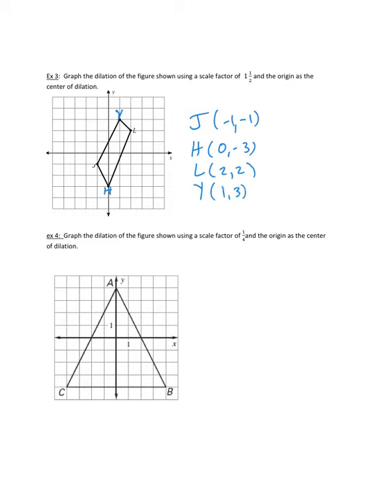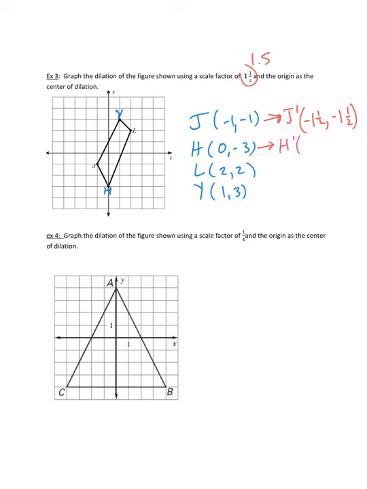So this time we're going to multiply by 1.5. So you can use your calculator, or you could just do half of the number plus 1 times the number. So J prime is going to become -1.5, -1.5.